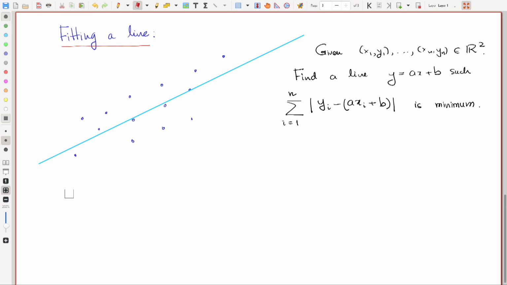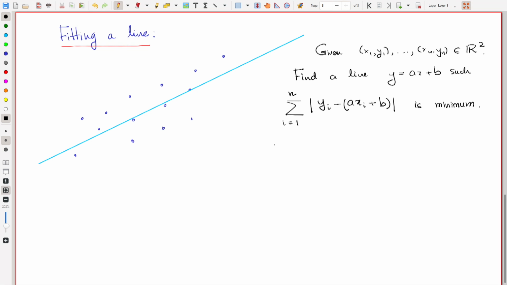And this becomes a problem of optimizing a linear objective function under certain linear constraints. So, here is the linear program. We will introduce some more variables now. We will introduce the errors.